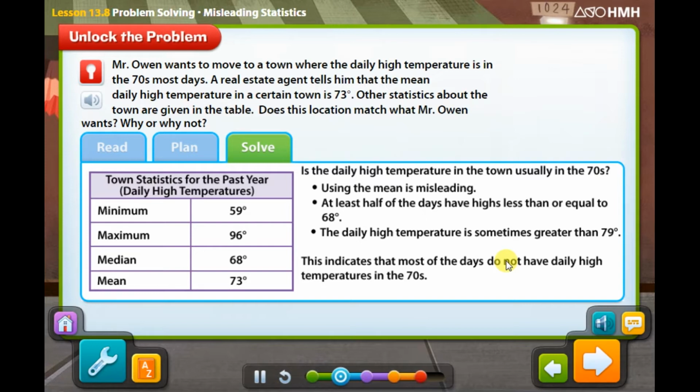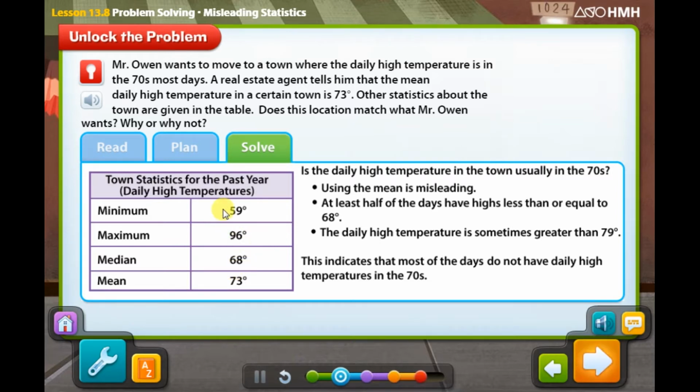So again, to recap the statistics in the table: first, the mean can't describe our set of data. The best number to describe the set of data is the median because it is in the middle of the data. But the median here is 68, and it is less than the 70s.